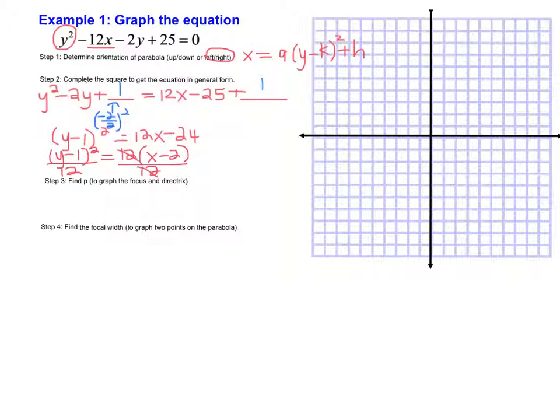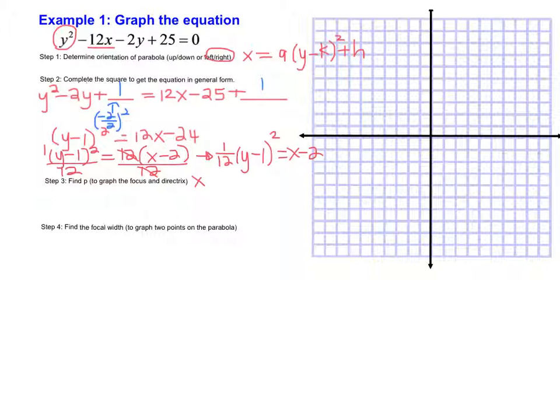So let me do my work over here a little bit. Right now I have 1/12 times y minus 1 squared equals x minus 2, and then I'll just add the 2 to the other side.